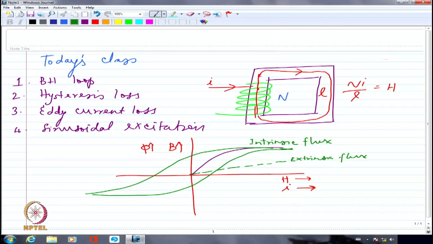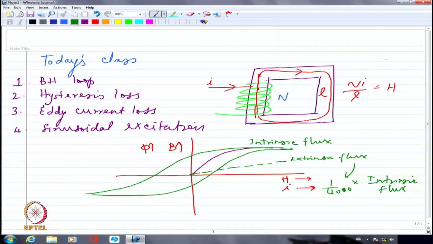This will be almost 1 by 4,000 times whatever is the intrinsic flux. So the way I have drawn it, it looks as though that is also taken into consideration. But definitely the extrinsic flux is going to be really, really small.